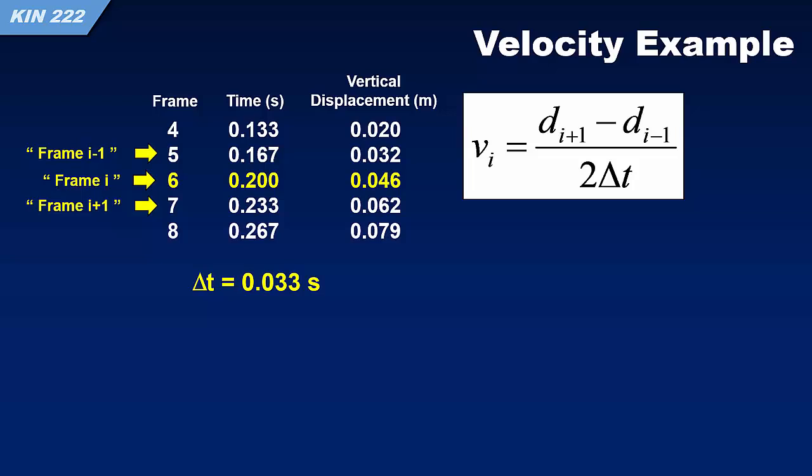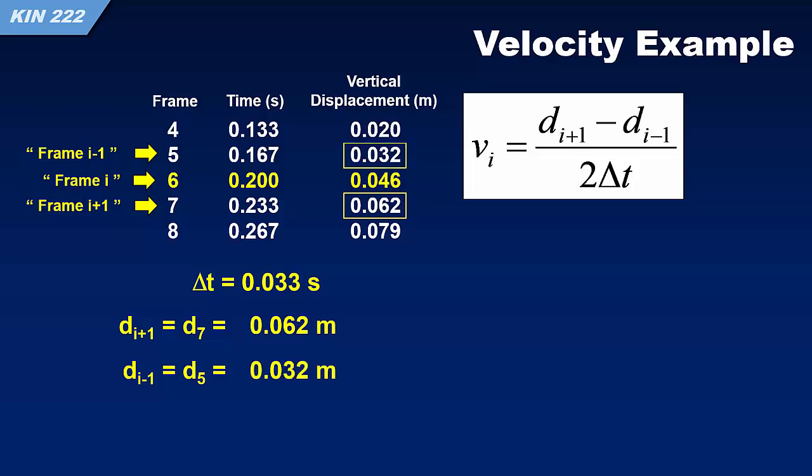We know our delta t already from the previous slide, so we just need the two displacements. The displacement at frame i plus 1, or frame 7, is 0.062 meters. And the displacement at frame i minus 1, or frame 5, is 0.032 meters.